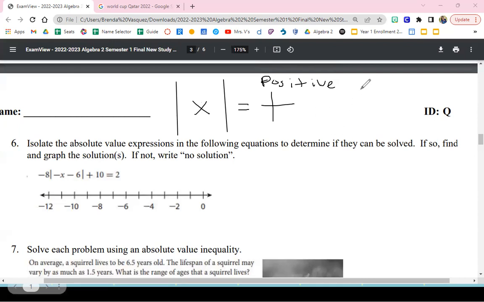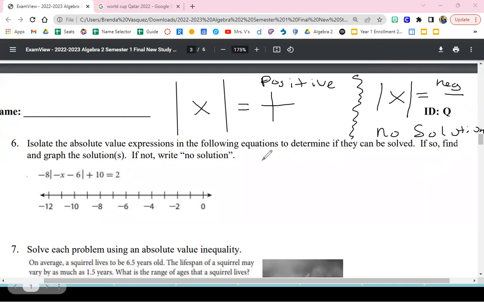Now, if at any moment, let me go ahead and write a squiggly line, we have our absolute value of x and its result is a negative value, in this particular situation, there's no solution. The reason being is that whenever we have anything inside of our absolute value, it must be positive when it comes out. Therefore, it doesn't exist when it's negative, okay? So let's go ahead and determine if we can solve it or not.